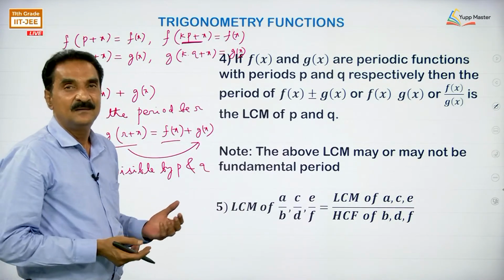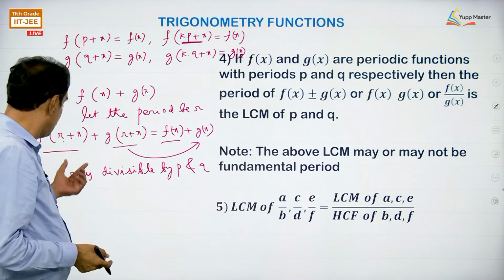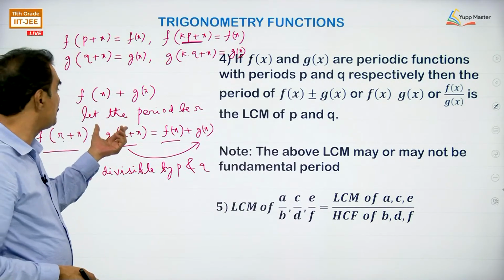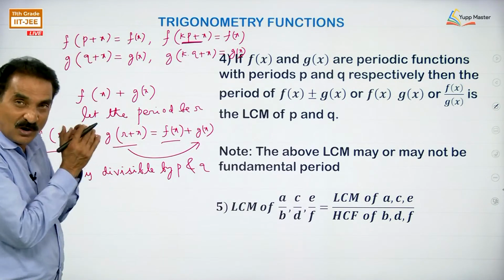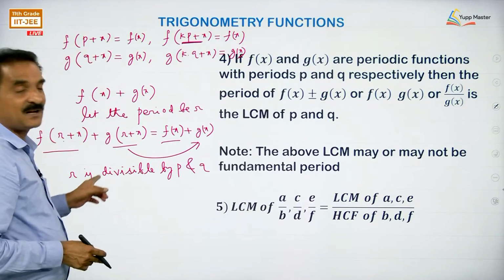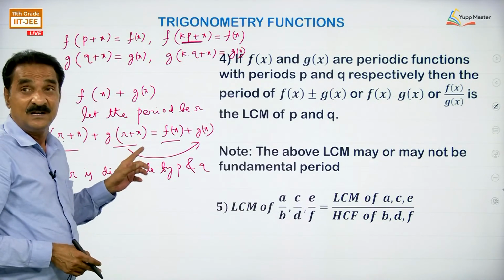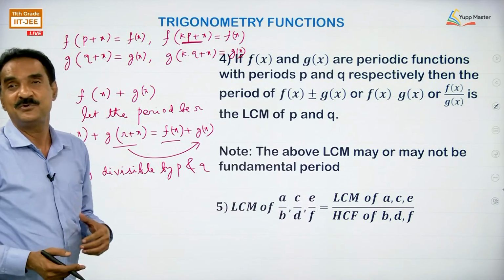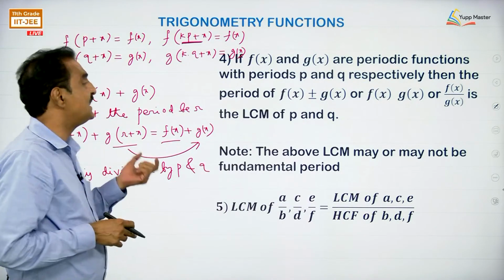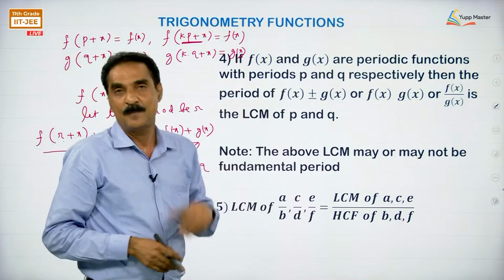Then r should be the smallest, because you know that in the definition the period should be the smallest positive number. So, r should be the smallest positive number divisible by both p and q. You know that that is the meaning of LCM. So, that is why r is the LCM of p and q.